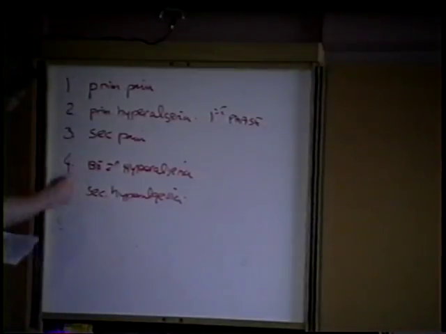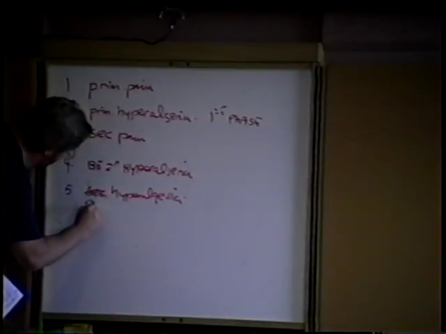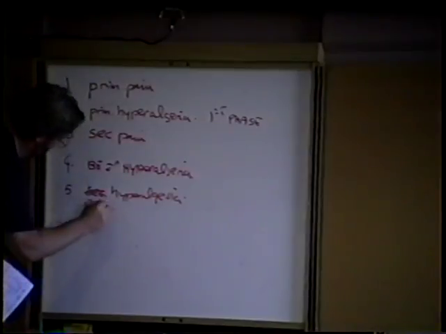This will be the primary hyperalgesia, second phase. Please try to understand this concept a little bit. The supraspinal pain we will discuss later, because then we are also going to include motivation, etc.